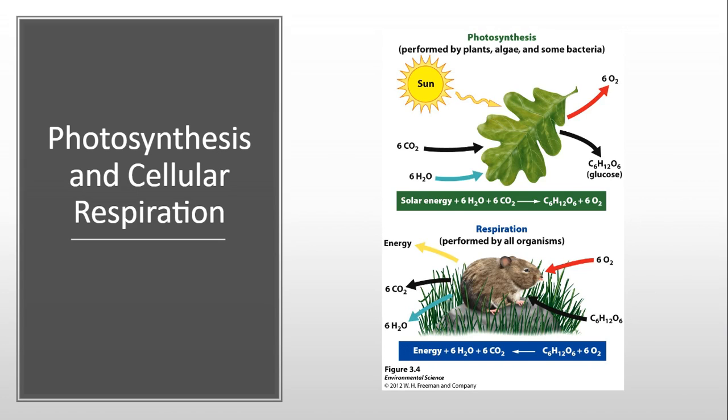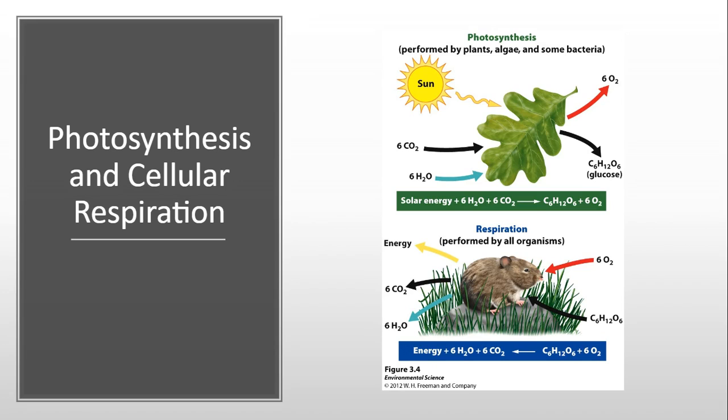So, as I mentioned before, two fluxes or processes that are key components of the carbon cycle are both photosynthesis and cell respiration. My recommendation would be to definitely know these equations. There have been questions in the past on the AP exam that have asked students to provide what those equations may be.